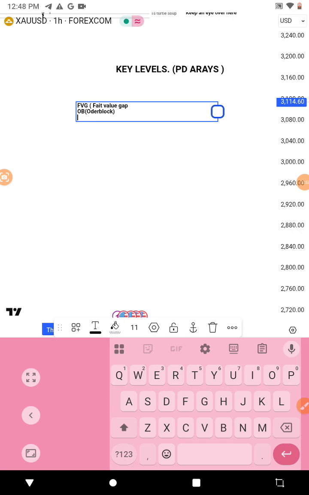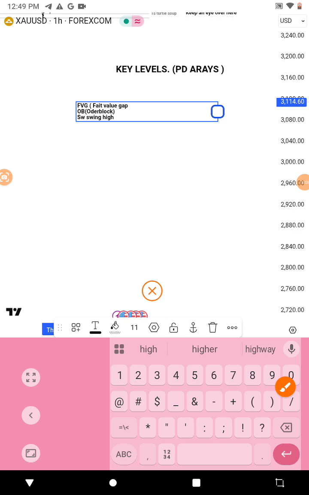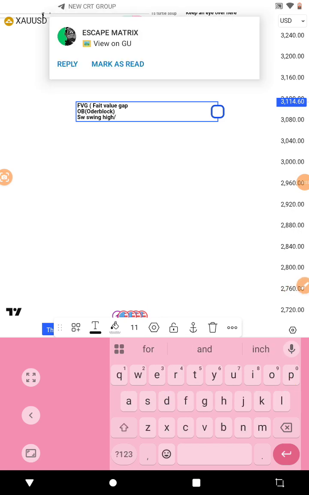That is internal, external range, right? Swing high, swing low.